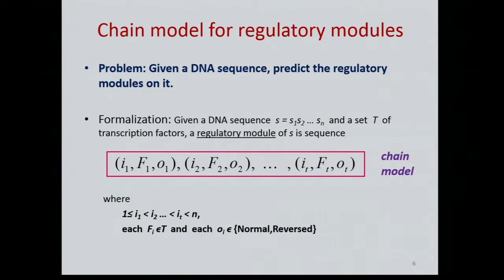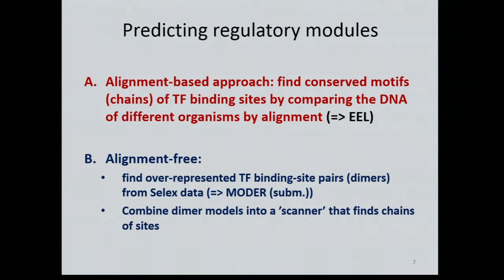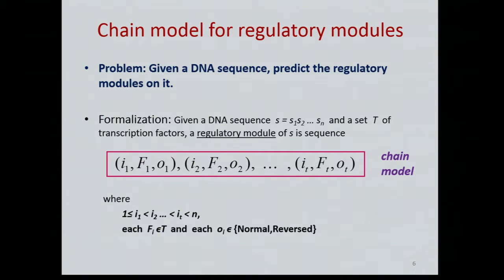Using this kind of chain model, we could find, under some scoring scheme, the best among the potential chains induced by the available motifs. I come back to this in a minute.